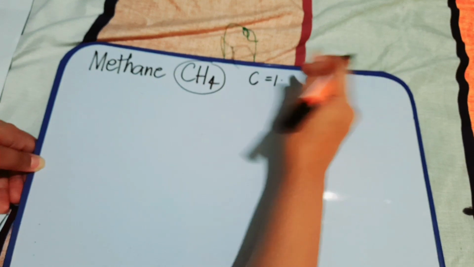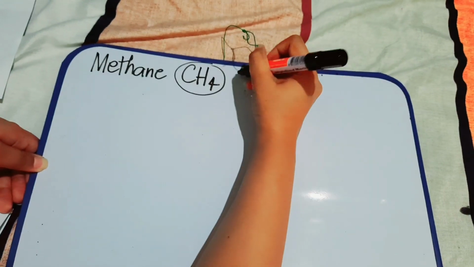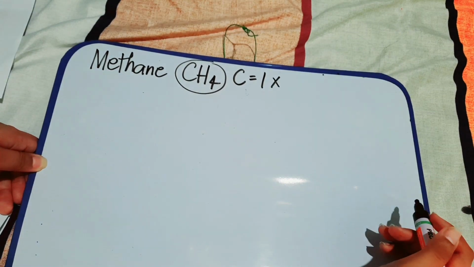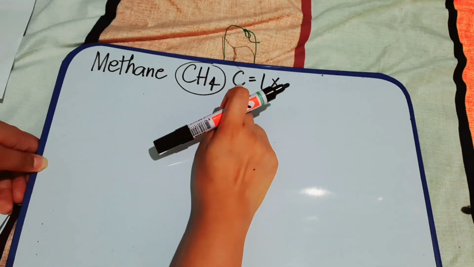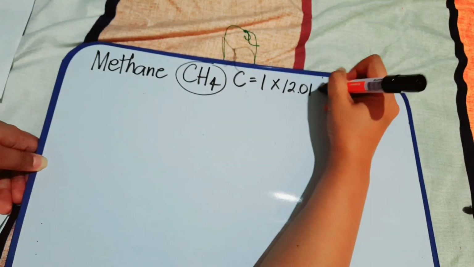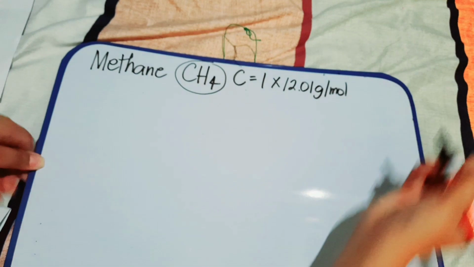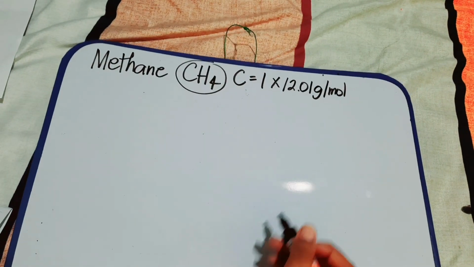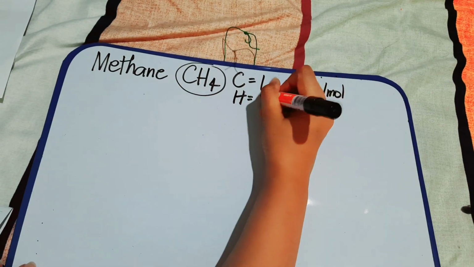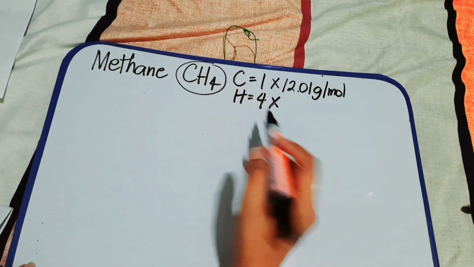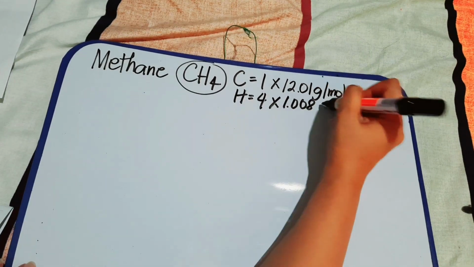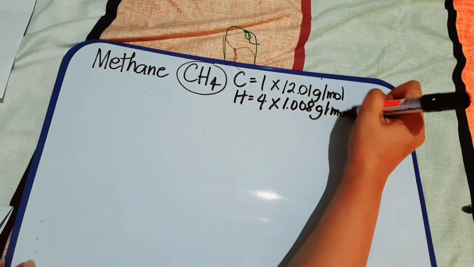Okay, and then, okay, ilapit natin para hindi sayang ang space. C is equal to 1 times, imumultiply natin siya sa atomic mass ng carbon, which is 12.01 gram per mole. Okay, and for hydrogen, we have 4 mole of hydrogen. So, we have 4 times, ano ba yung atomic mass ng hydrogen? And that is 1.008 gram per mole.